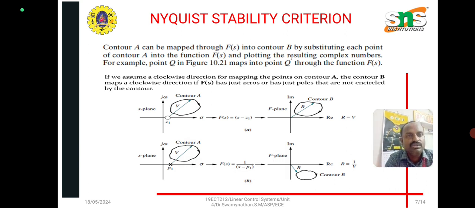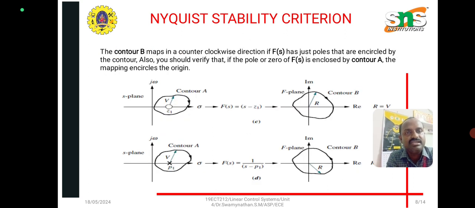And also we can get the Nyquist stability criterion condition. And again the contour B maps in the counterclockwise direction. If f of s has just poles and it encircles the contour, you should also verify whether the zeros of f of s are enclosed by the contour A, which is mapped in the encircling plane.